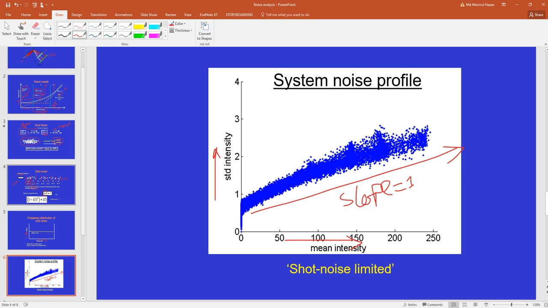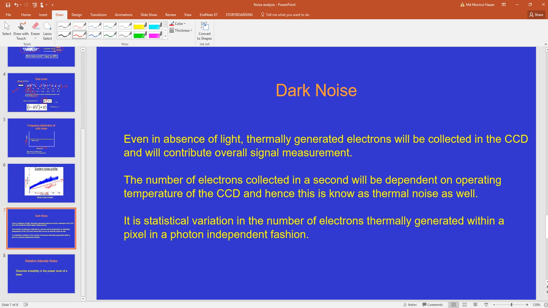So now let's focus on the other two noises. First, dark noise. Dark noise will always be present in your data, because even in the absence of light, thermally generated electrons will be collected in the CCD and will contribute to the overall signal measurement.